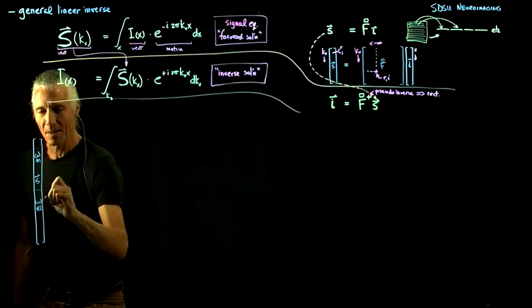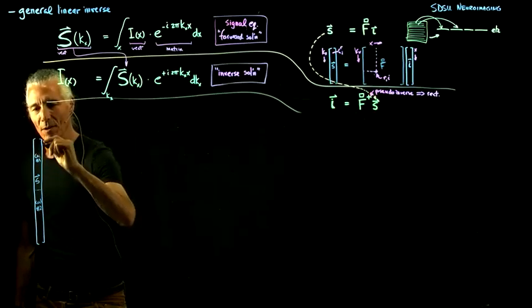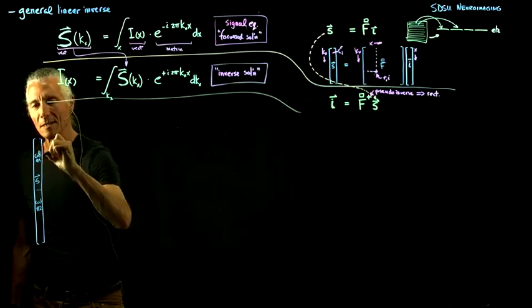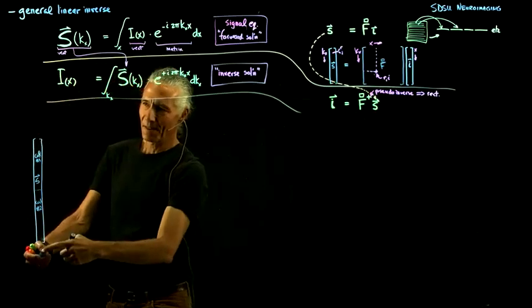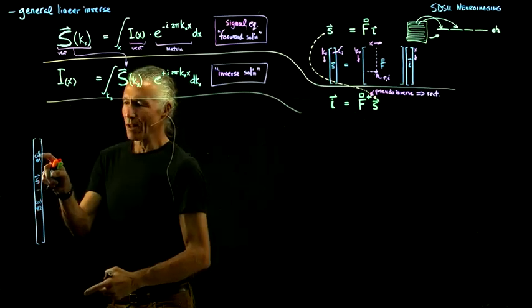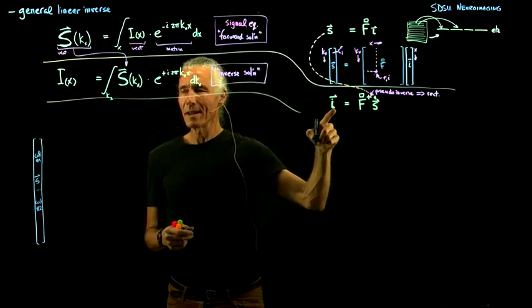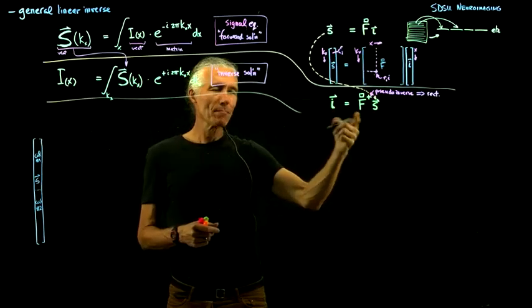In real life we've got 32 coils or 64 coils, so there's going to be a really long vector here. But that's a good thing, because we're solving for just one set of numbers, which is the image values. And that's good, because we've got more data than we need.